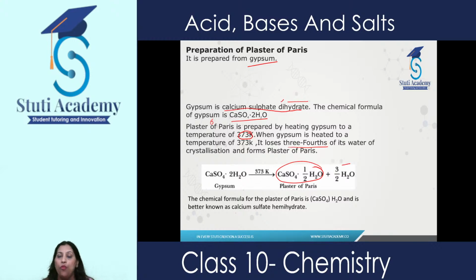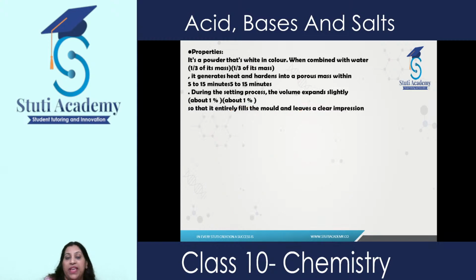So this is how we prepare POP from gypsum. And this white colored substance which we get is known as POP, and we use this POP in fractures and in making statues.